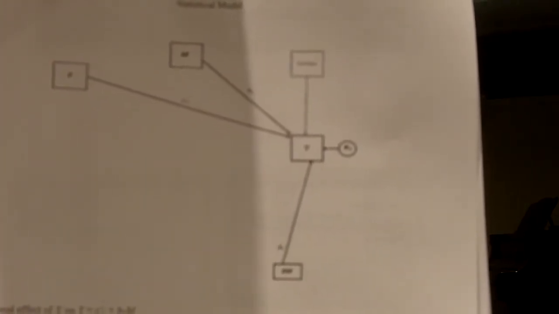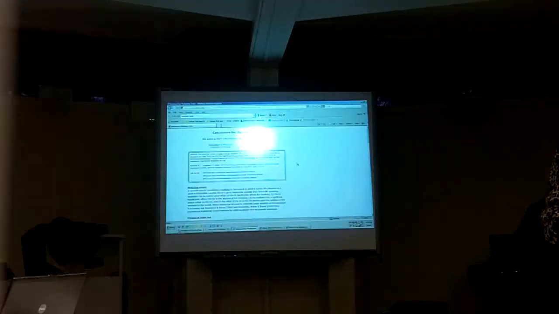And down at the bottom where he says conditional effect of X on Y and gives you a formula, he's just telling you that if you really want to find the main effect of X on Y, you can't trust the beta weight, you have to do another formula. So that's his way of saying what we'd said before, that you're not going to get main effects out of this model.